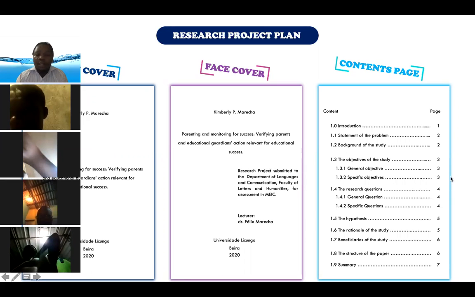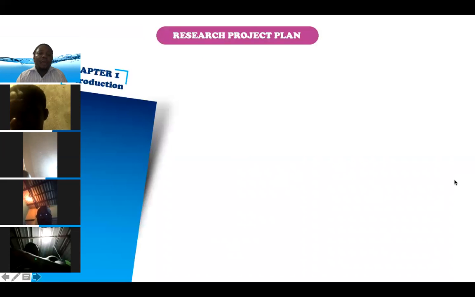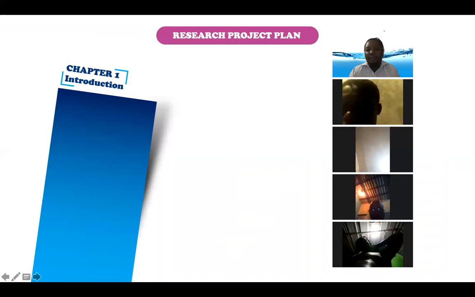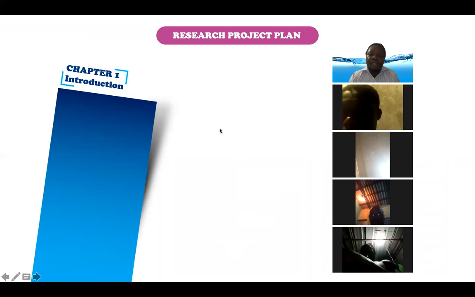All right. So now let's go to the next slide. So the next slide here, we are now talking about chapter 1. But we have already seen that in chapter 1, we have the first item, which is 1.0, introduction.